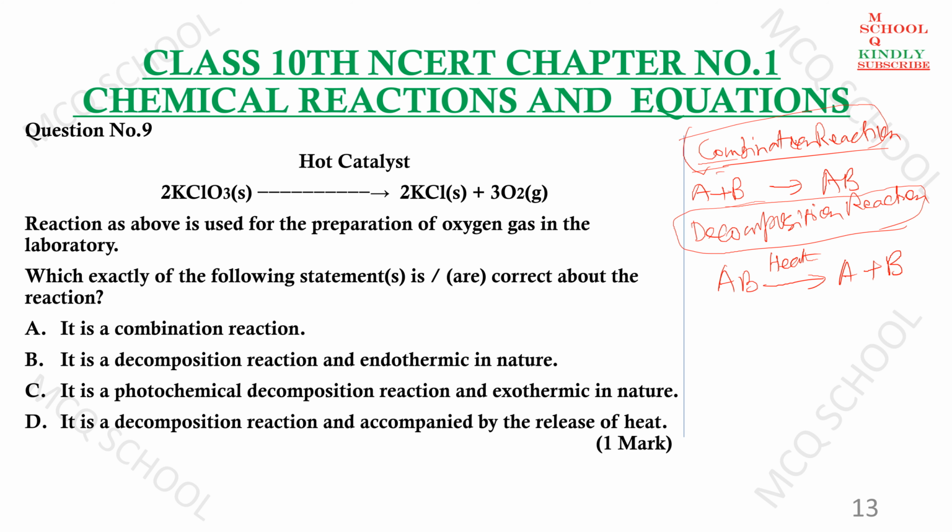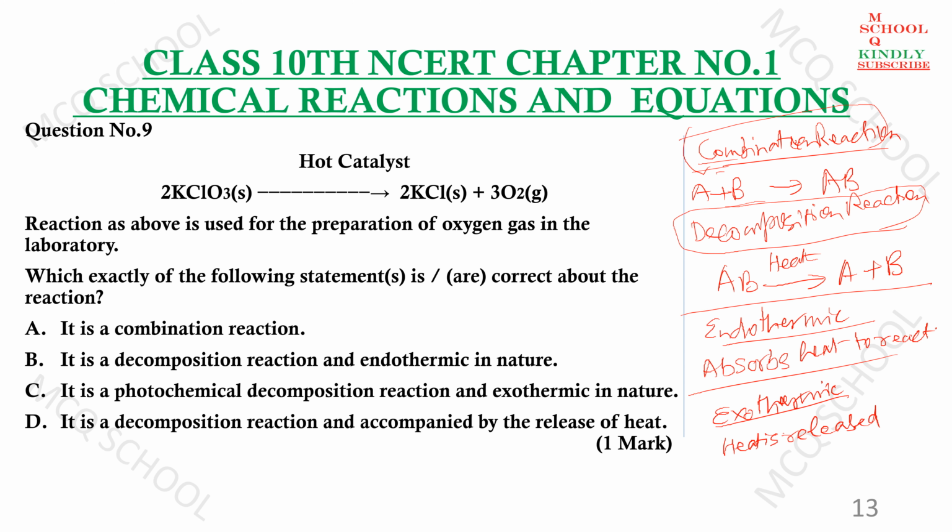In our case, we understand the combination reactions are such that two elements, A and B say, combine to form AB. Decomposition reactions are those where AB dissociates in presence of heat or catalyst, like in our case, into A and B. So in our case it is a decomposition reaction for sure. So there are chances of it being B or D. It is a decomposition reaction and endothermic.